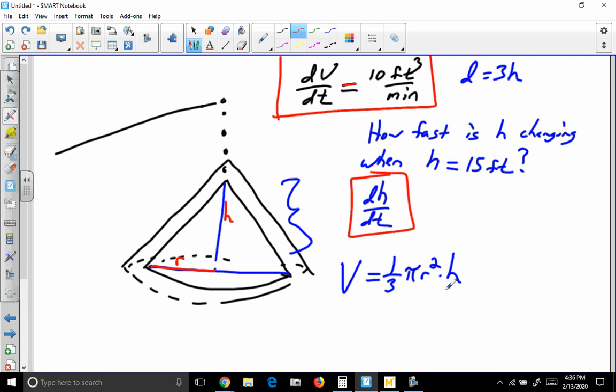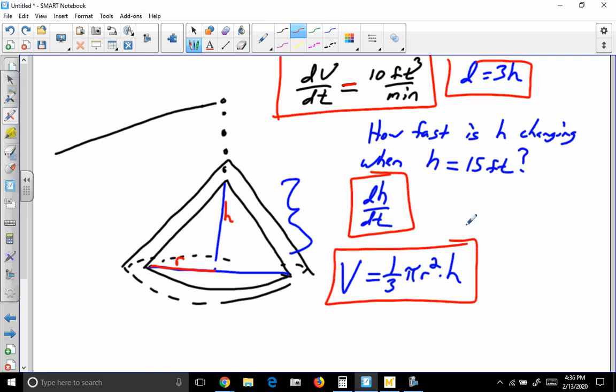So if we can get to where we only have one variable on the right side related to volume, then we can relate those rates together. So we want to get rid of the radius, and this is how we're going to do it. This is known as our primary equation because that is our main formula that relates our variables. This is a secondary equation. We're going to use it to eliminate one of our parameters.